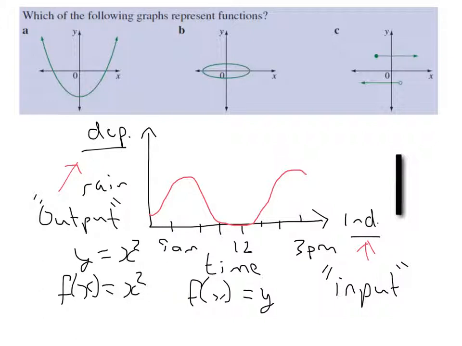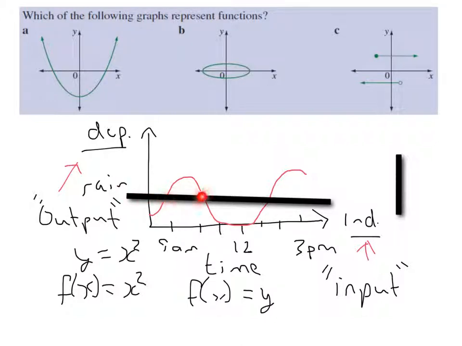Notice, guys, if I was to draw another line crossways, yes, it cuts twice when we're going with a horizontal line. But that's okay, because we can have multiple values of x for y. For instance, let's say this value of y over here is 3 millimeters a minute.